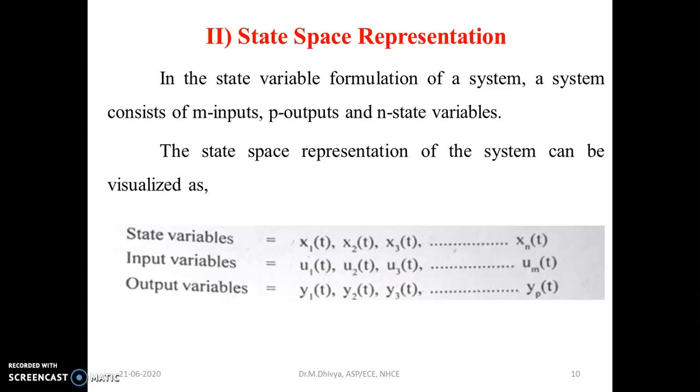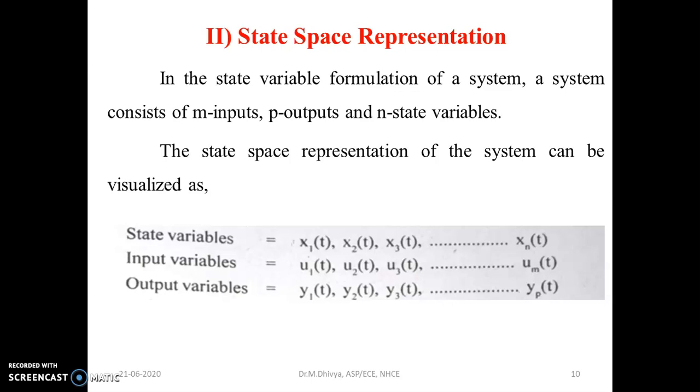The variables used for describing the system are called the state variables. Now, let us represent the state space with inputs, outputs and the state variables. For the formulation of the system, we need input, output and the state variables.